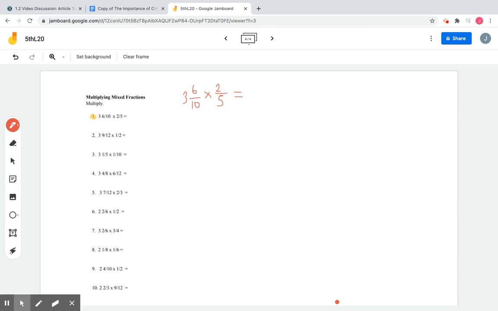Now we're gonna do multiplying mixed fractions, and we're gonna work on number 1 together. So 3 and 6 over 10 times 2 over 5. So I have to multiply these numbers, so I'm gonna change this mixed number into an improper fraction. So I'm gonna multiply 3 and 10, and it is 30, right?